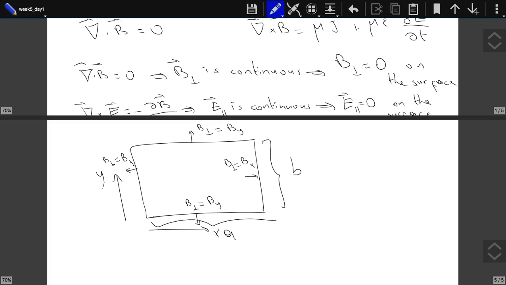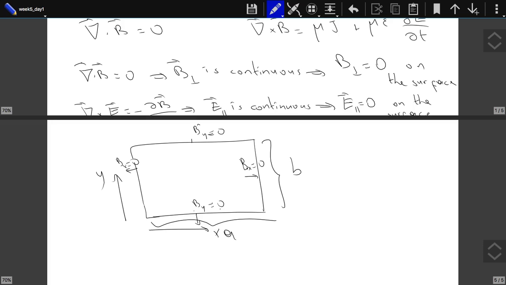Similarly, I know that the parallel component of the electric field is 0. So on this side, the y component of the electric field should be 0, also over here. So let me write it in this way. At this boundary, Bx is equal to 0. At this boundary, Bx is equal to 0. Here, on this boundary, By is equal to 0. Here, again, By is equal to 0.